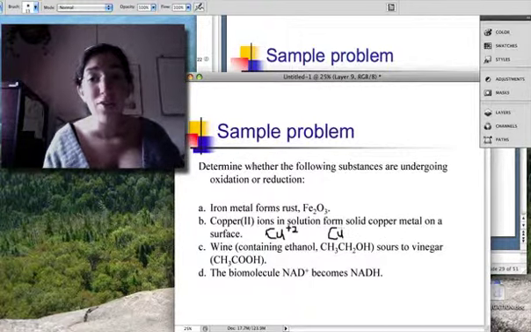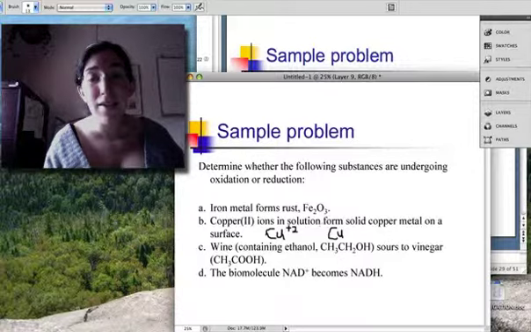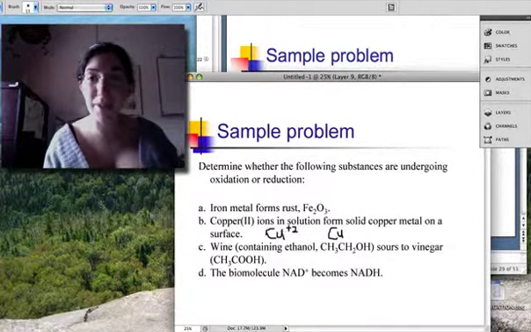So which one gains electrons and which one loses? This one has a 2+ charge. This one has a 0 charge. If you add 2 electrons to copper 2+, you get 0. So copper 2+ is the one that's gaining electrons in order to become copper. Reduction is gain, so this is a reduction reaction.